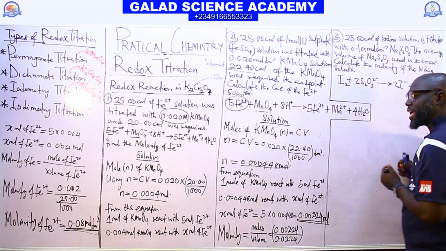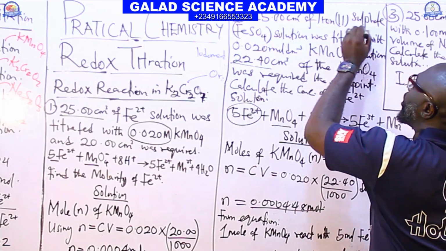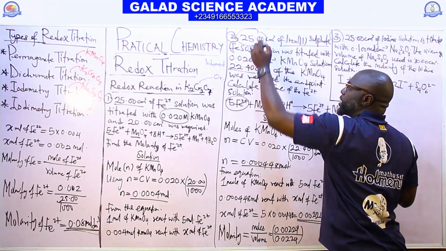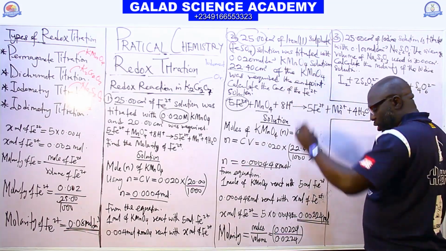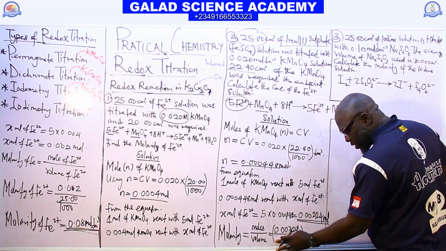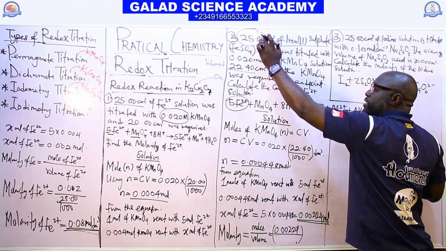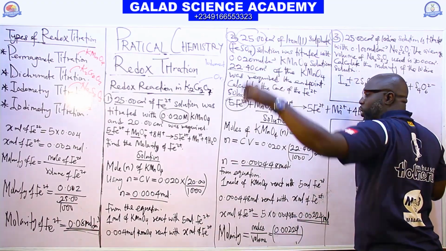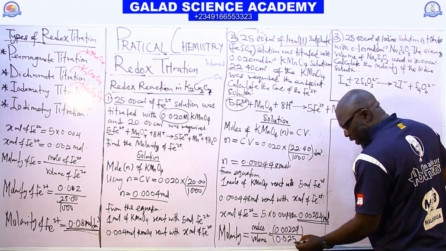Yes, sorry, there's a mistake here. The volume of iron given is this. This 22.40 is the volume of KMnO4. Sorry, the iron given, the volume is 25.00 cm cube. So divide this 25.00 cm cube to dm cube, we have 0.025.